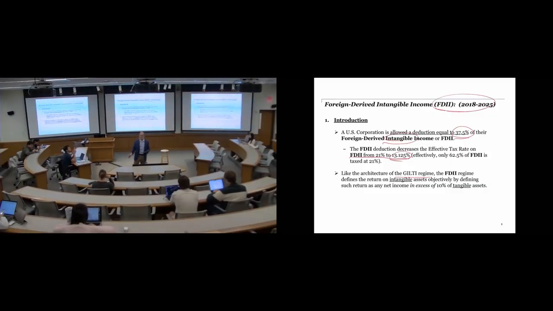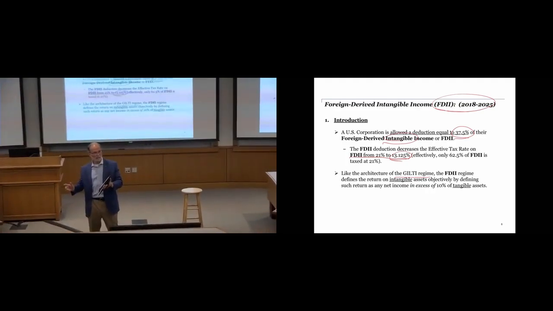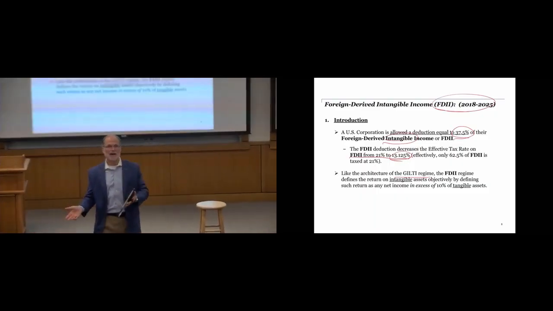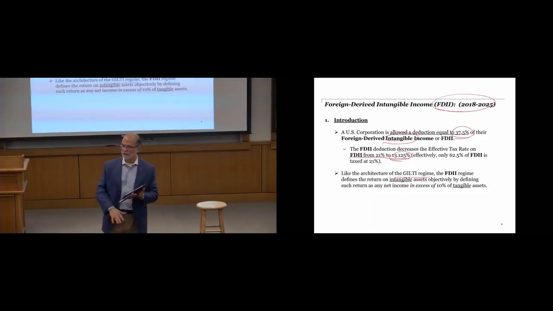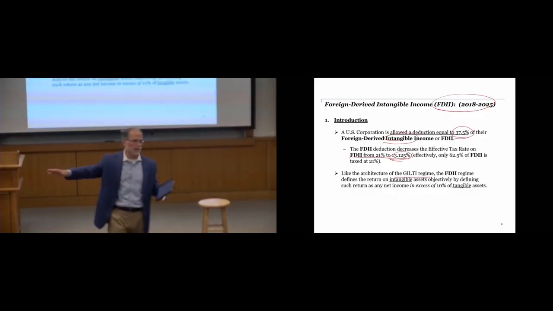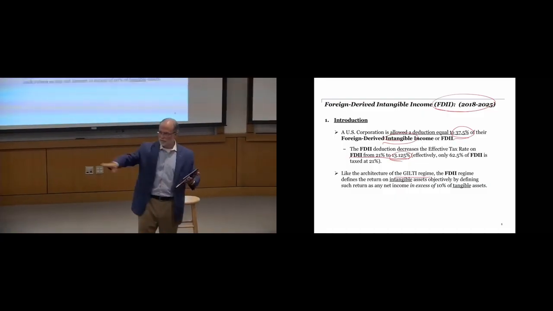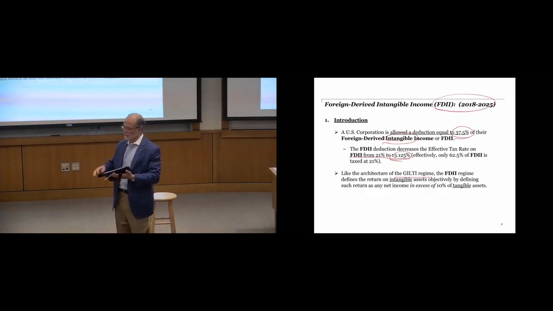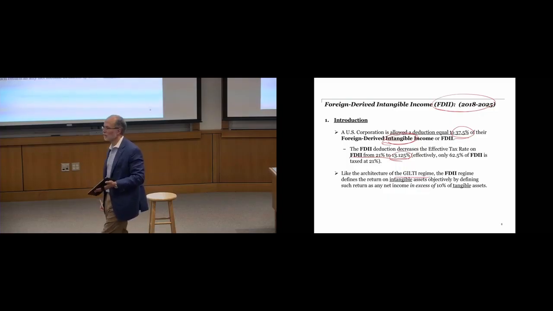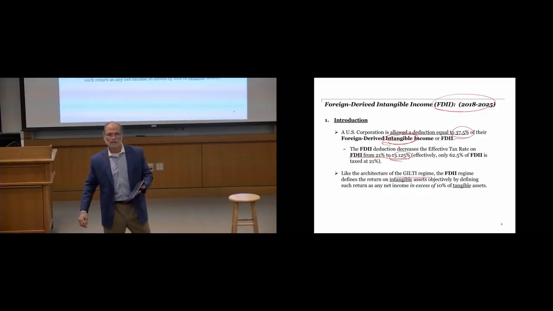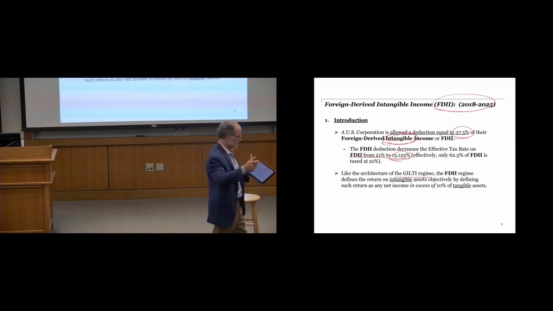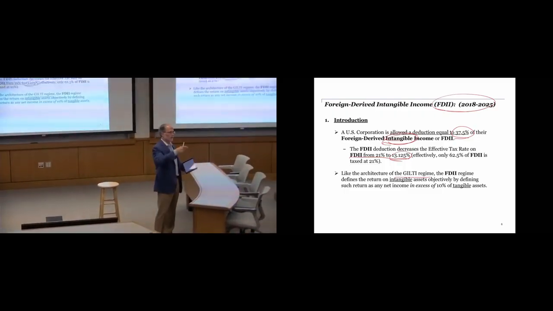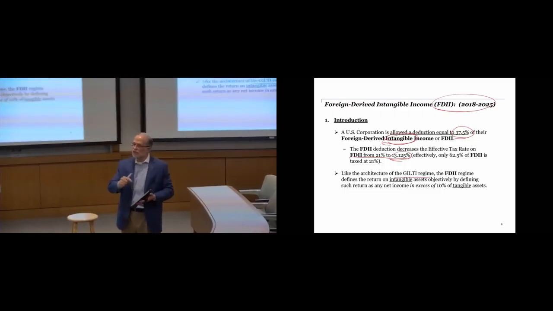So all they do is they say, I'll take all of your income, I'll look at your assets, and I'll deem 10% of that on your tangible assets as a return on the tangible assets. Everything else must be intangible. And I do that same rule for every taxpayer. Right? Just quit fighting about the definition of it. It's an objective determination. They do the same thing here because we have that word intangible income in FDII. We're going to do a tangible asset return, and then the rest is going to be intangible. That's what they changed in the One Big Beautiful Bill.